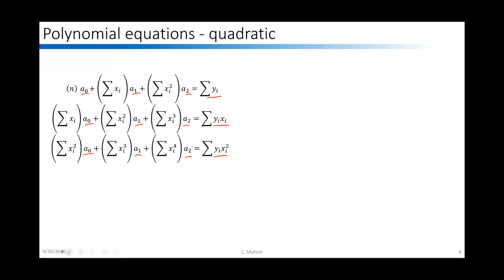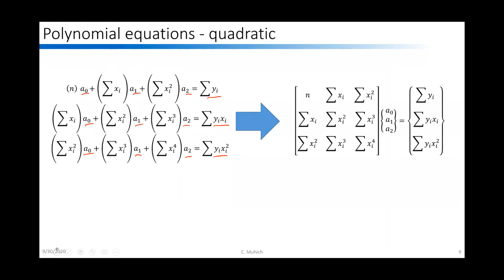Well, hopefully this looks very familiar, because this is, in essence, a linear algebra problem. I can pull out each of these a0, a1, a2, and put this in a linear algebraic form. Now that I have it in a linear algebraic form, I know how to solve that, right?